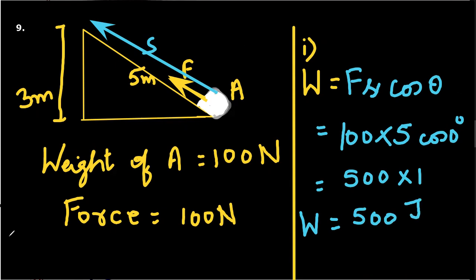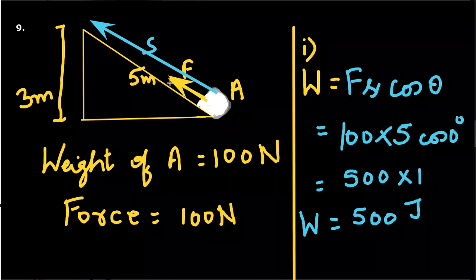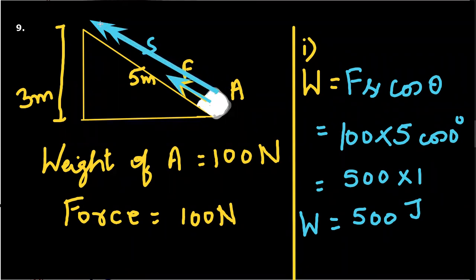So this is the work done by the force F. The force F which you are applying, the work done by the force F in moving the object upward through an inclined plane, which is having a slope of 5 meters. Okay, along the slope of 5 meters.